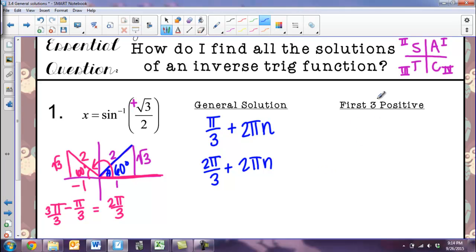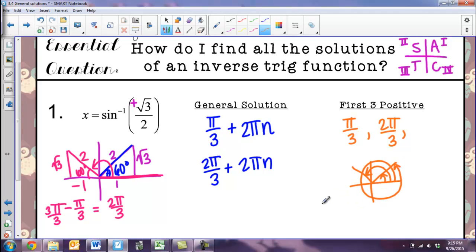Now to find the first 3 positive, I've already found 2 of the positive values, so this is pretty straightforward. My first angle is pi over 3, which is positive. My second angle was 2 pi over 3. Then I can plug into that formula until I find the next one. I've got this angle, I've got this angle, and if I go all the way around and hit that angle again, that'll be my next positive value.